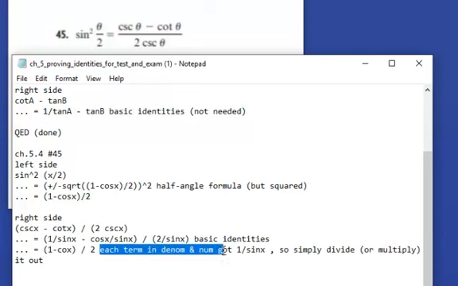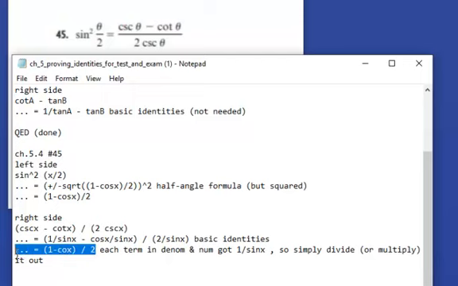So each term in the denominator and numerator got this 1 over sine x. So simply divide by 1 over sine x, or multiply by sine x each term. And you're allowed to do that because you do it both everywhere in the numerator and everywhere in the denominator. And that's how you get rid of it. And then we come up with that, which is what we figured out on the left-hand side.